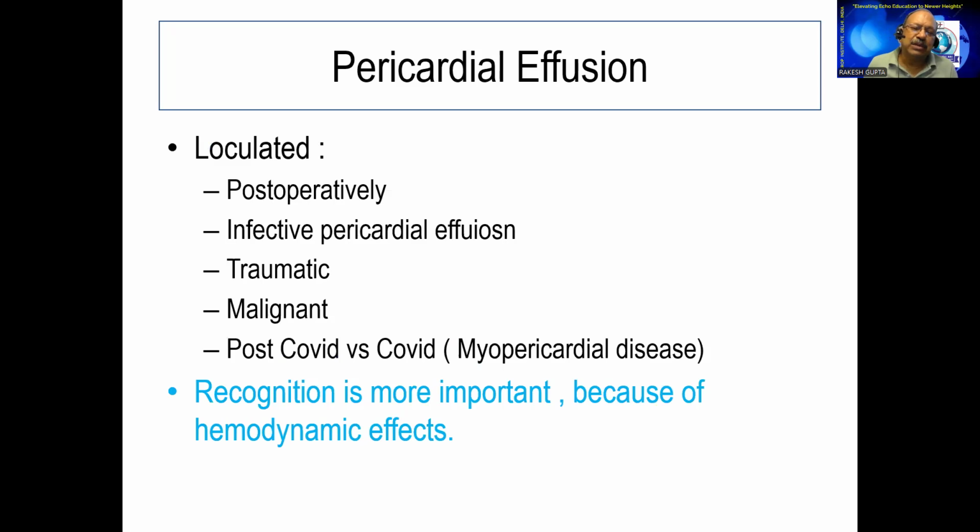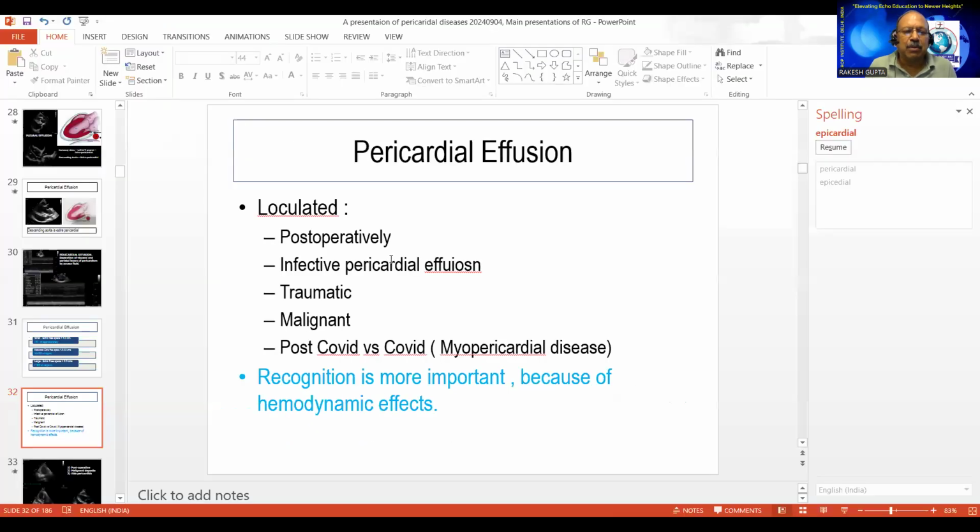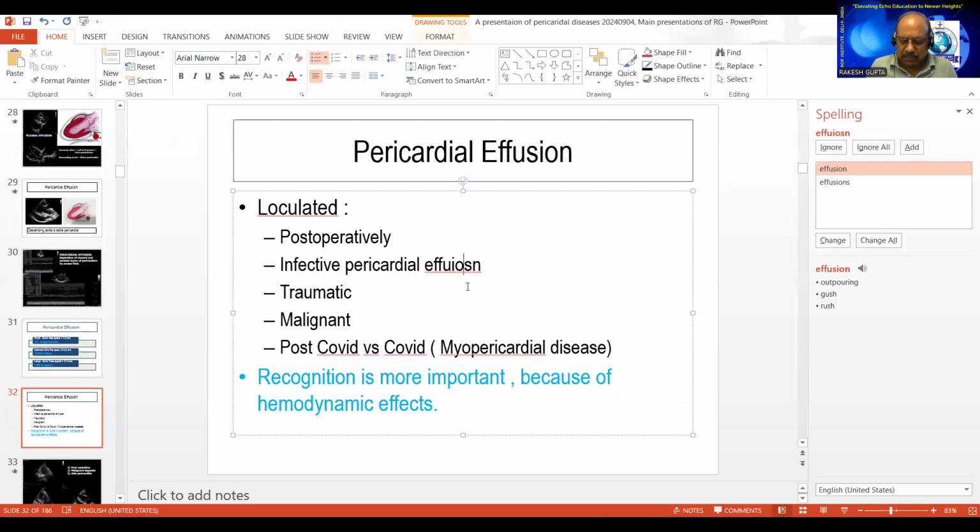And what I was saying a few minutes back, we have evidence of post-operative, infarctive pericardial effusion, which is more common in the country, traumatic, malignant, post-COVID versus COVID myocardial pericardial effusion. And another very important thing, which I always miss when I'm talking about, is heart failure.